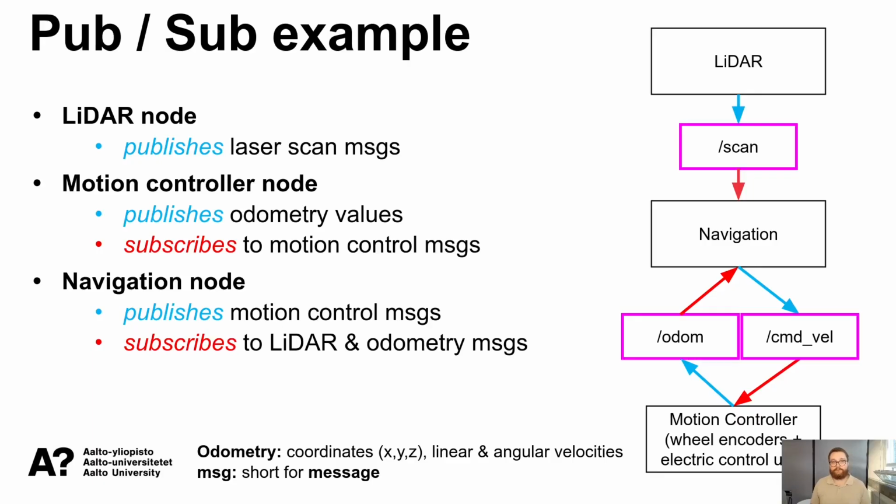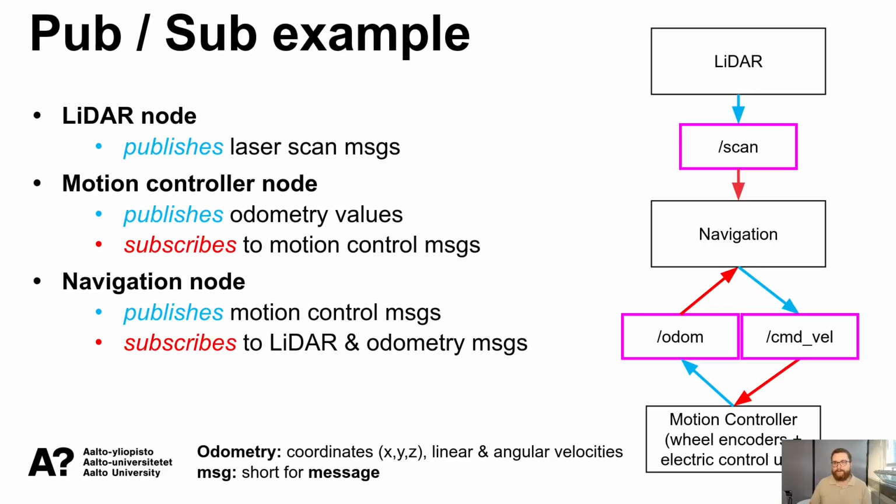Okay, now that was high-level information on how publishing and subscribing works in ROS. Now let's jump into how to apply this with automated driving or mobile robotics.